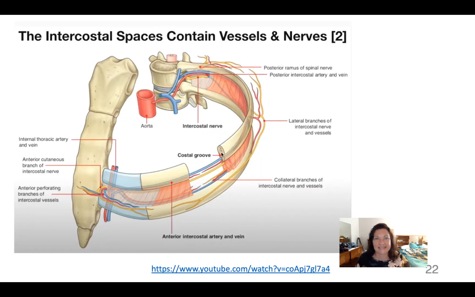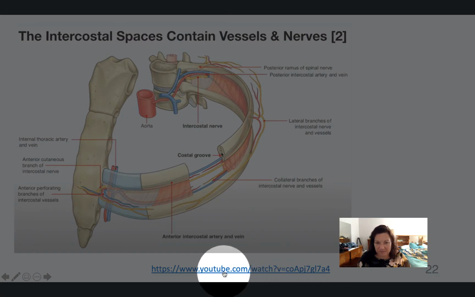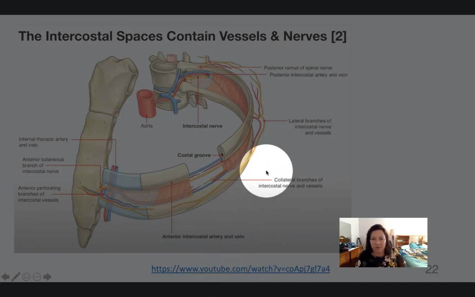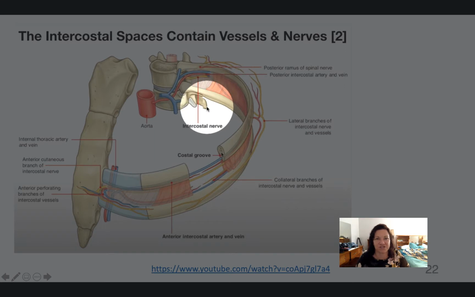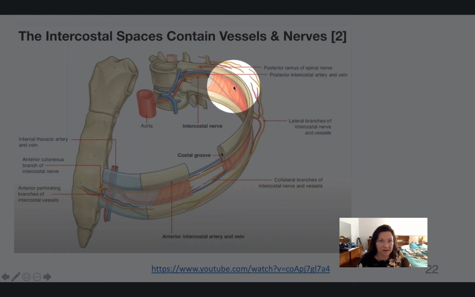Now, if we go back to this image, which I've shamelessly stolen from this YouTube video, if you want to check out this video, I think it's quite useful if you're having trouble envisioning this. You can see that the intercostal nerve, artery, and vein are traveling along in the costal groove of the superior rib of the intercostal space. And you can see also that there are collateral branches that give rise to additional branches on the flank of their path, the flank of the body.